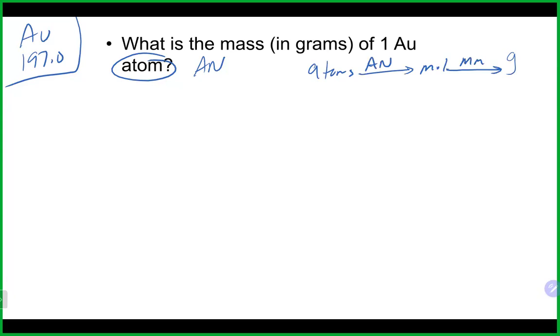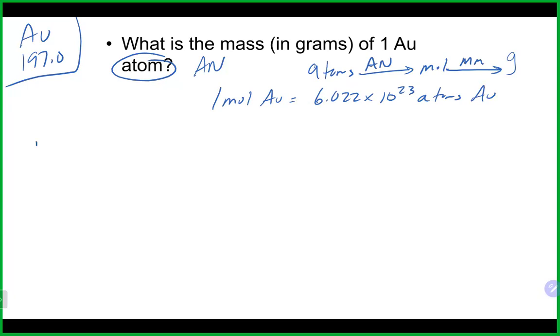And again, seeing that atom is a sort of a keyword that clearly I need to use Avogadro's number somewhere in the calculation. In this case, 1 mole of gold would equal 6.022 times 10 to the 23 atoms of gold. And again, that's Avogadro's number and really a conversion factor we're going to use.